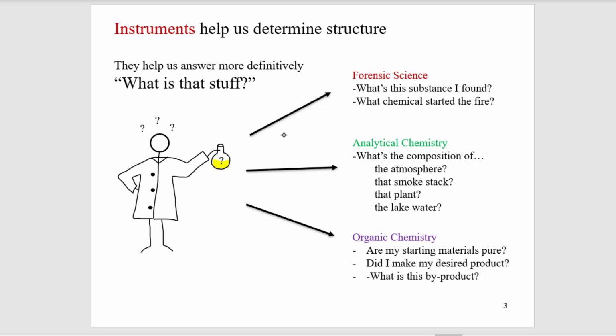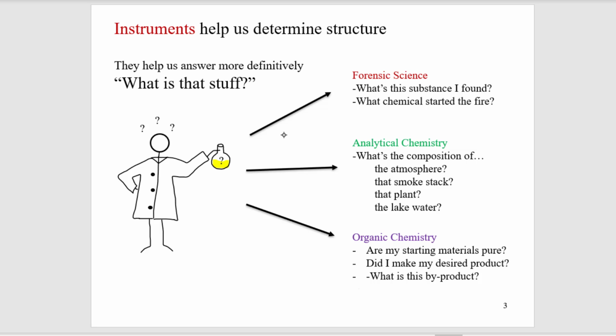Or studying the drug trade and wondering what's the new stuff out there? Is it cut with something? Perhaps someone dies and they pump their stomach and they want to know what's in the contents of that stomach. Perhaps there was an arson and there was a fire and they want to know what the accelerant was that started the fire. So what is that stuff is very important to a forensic scientist.